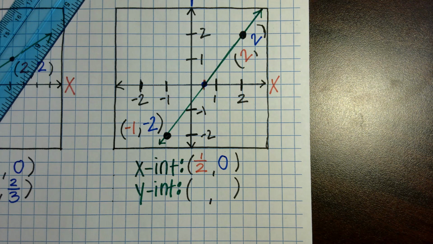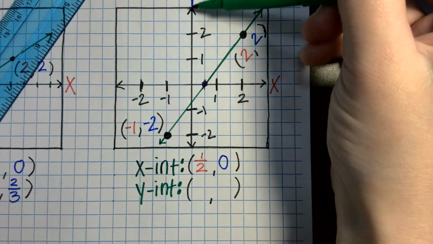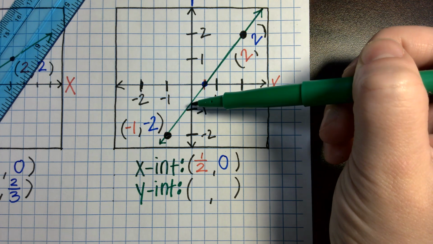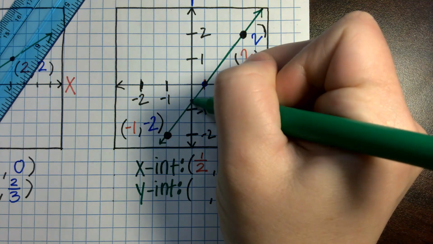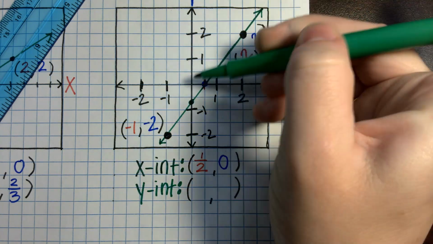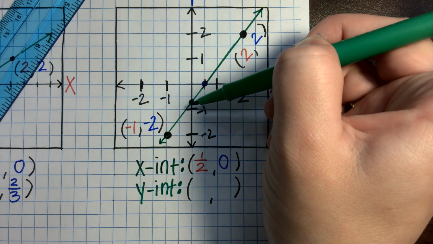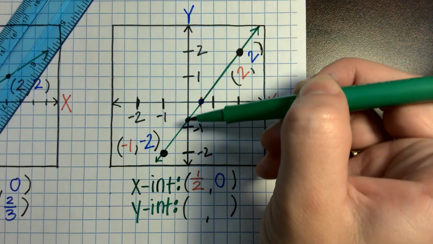All right. Let's find out where it touches the y-axis now. Where's the y-intercept? Where is it touching? Right there. Okay, so we've got a negative number here for our y value. We'll count down.